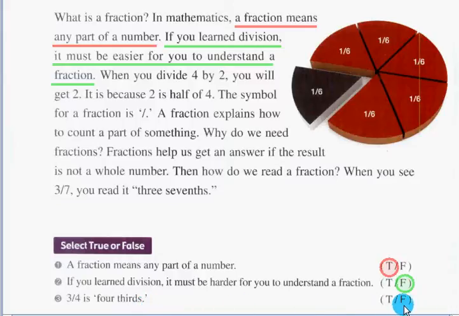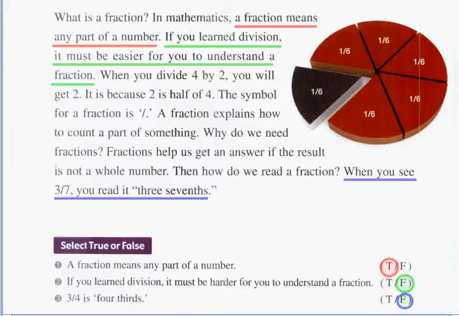The answer is false. Like here, when you see 3 over 7, you read it 3/7. But here, when you see 3 over 4, you will read it 3/4. Alright?